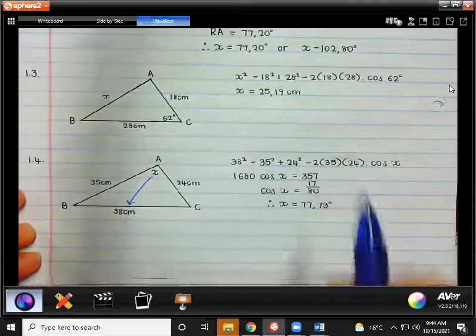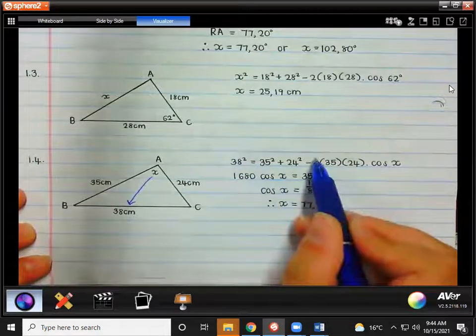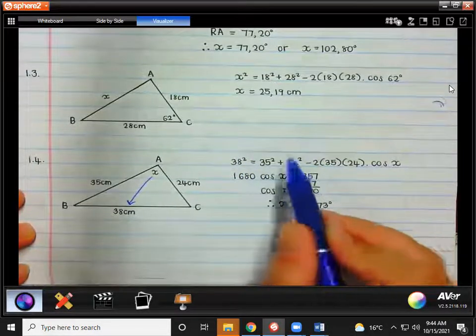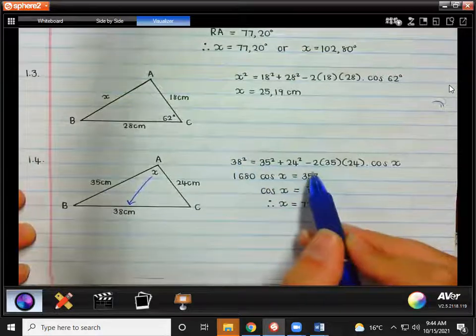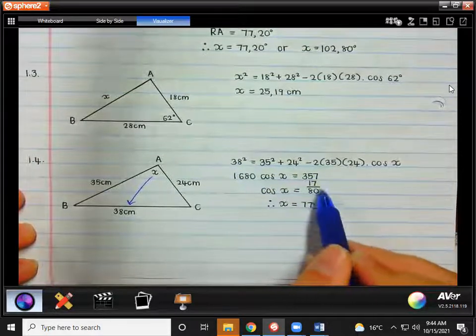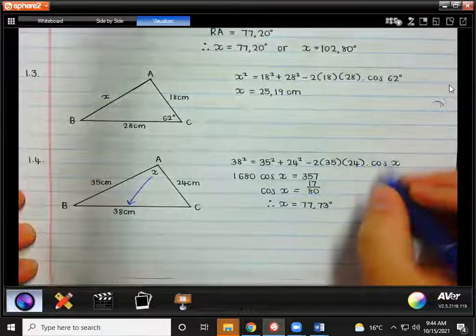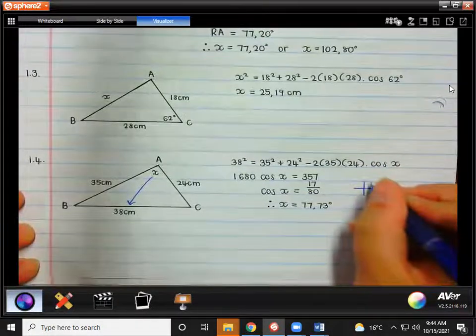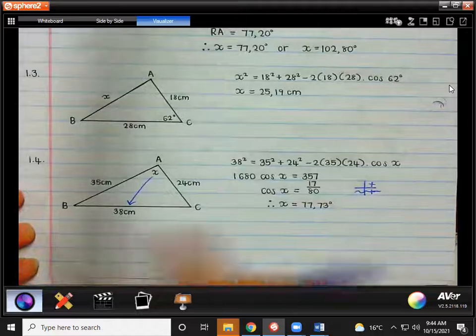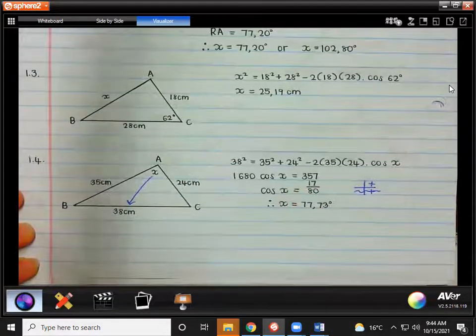It became positive. I then moved this 38 squared to the other side. So I did 35 squared plus 24 squared minus 38 squared, and I got that. Then you divide. And then this is positive. So cos is positive in 1 and 4, but we ignore 4. So you can just write x straight away, shift cos of that value, and you get your answer.